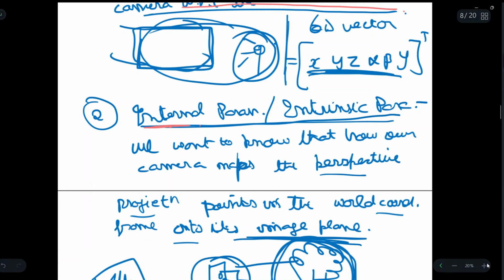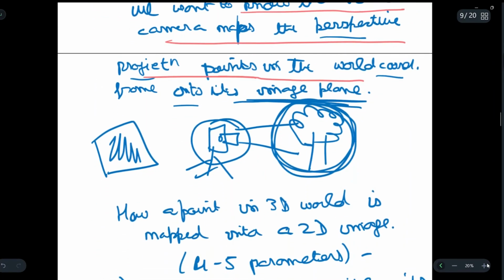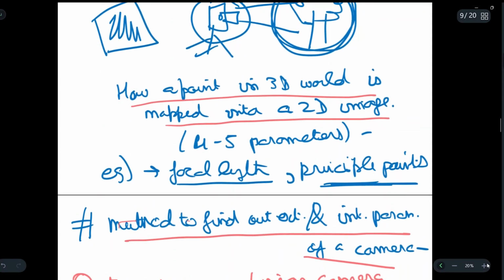In this, we want to know how our camera maps points in the 3D world frame into a 2D plane. There are 4 to 5 parameters which can be used to find the intrinsic parameters, and two of them are the focal length and the principal points.